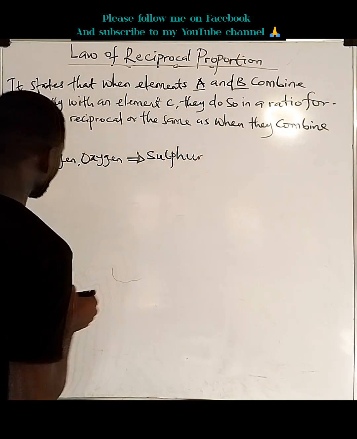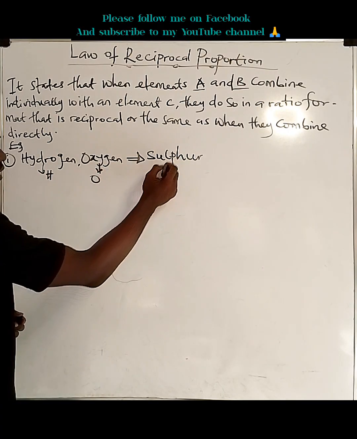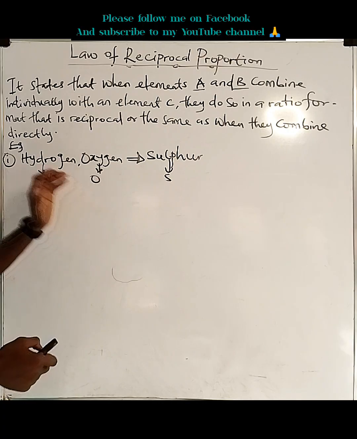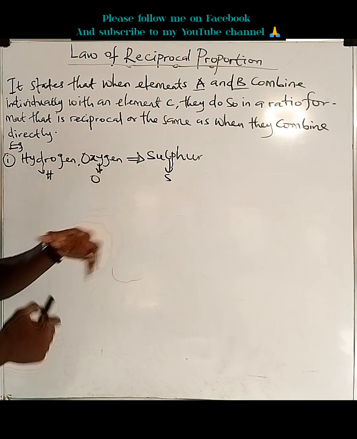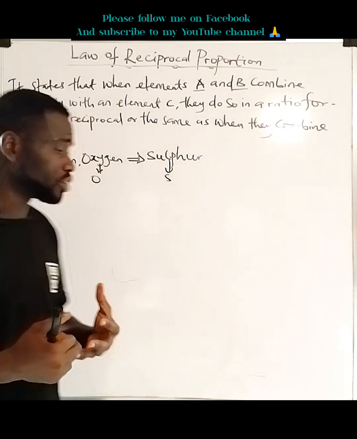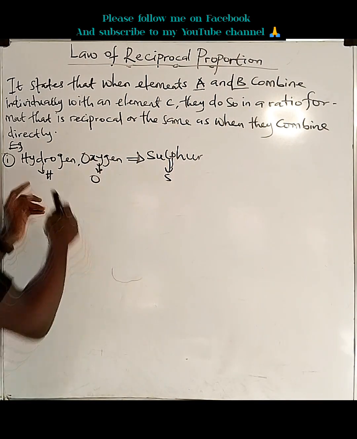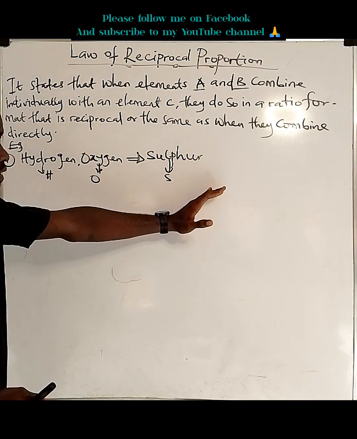The two major players here are hydrogen and oxygen. We're going to be comparing the ratio of combination of hydrogen and oxygen directly with the ratios when hydrogen combines with sulfur and oxygen combines with sulfur.